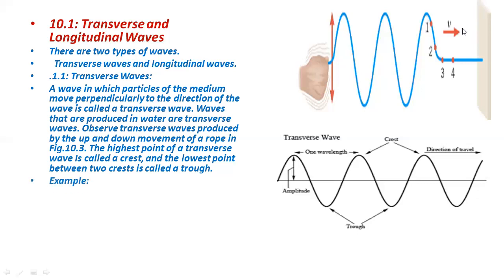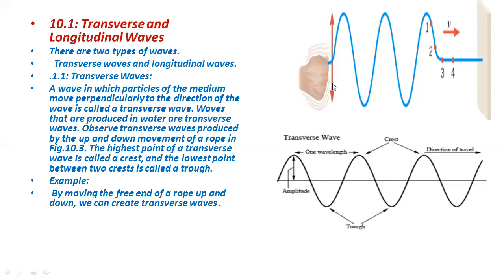What is the medium for this wave? The medium for the wave is the rope, a solid. The rope gives a medium for these waves. So the waves produced in the rope are called transverse waves. The example of a transverse wave is moving a rope from the free end up and down.